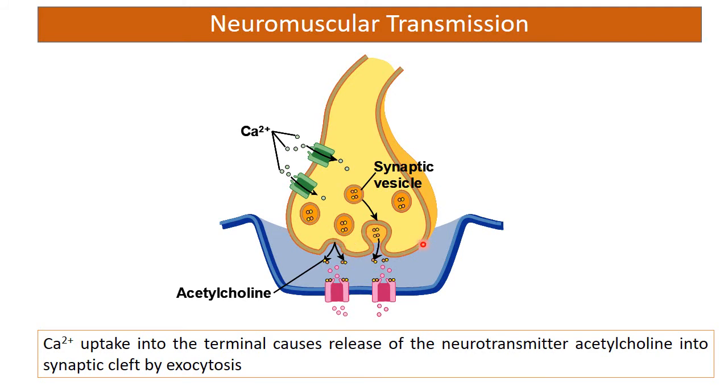From there, these vesicles empty their acetylcholine by exocytosis. Each vesicle contains around 10,000 molecules of acetylcholine, and at a time about 125 vesicles are exocytosed.